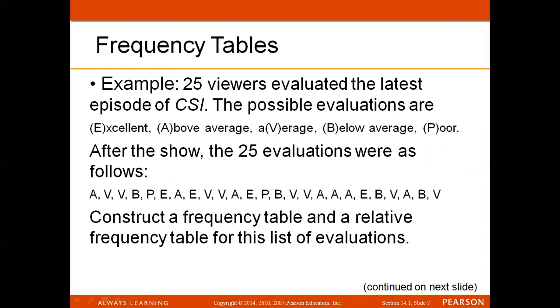After the show, the 25 evaluations were as follows: AVV, BPE, AEV, VAE, PBVV, AAA, EBVA, BV. Construct a frequency table and a relative frequency table for this list of evaluations.